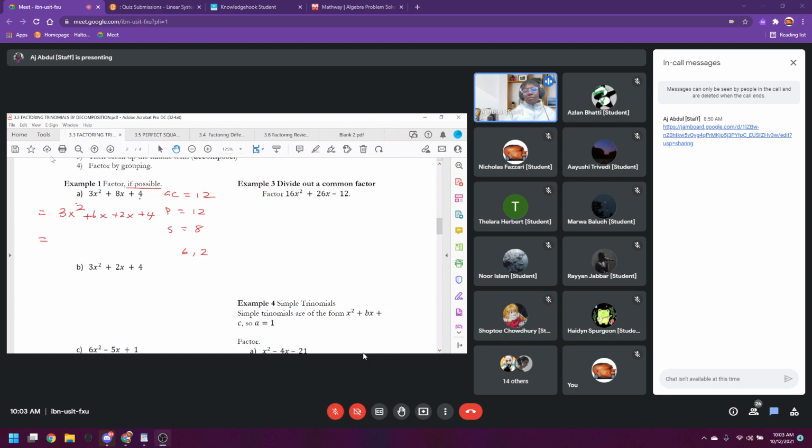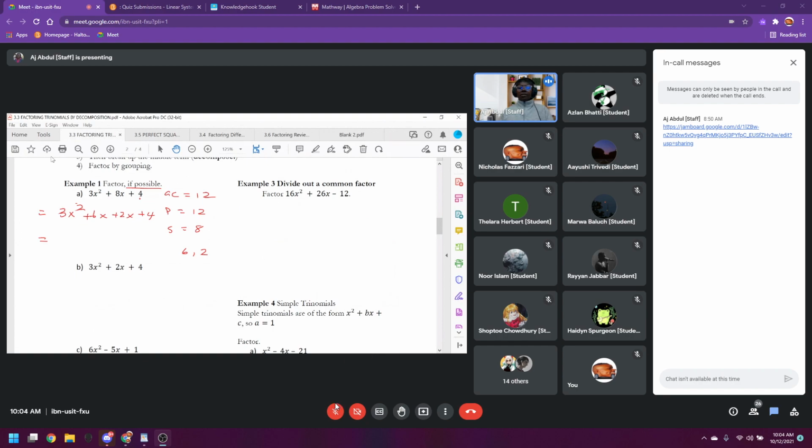So I look for the common factor between the first two terms. What is the common term that I can factor out of the first two terms? 2 does not go into 3. Thank you, Rayan, for volunteering at least.